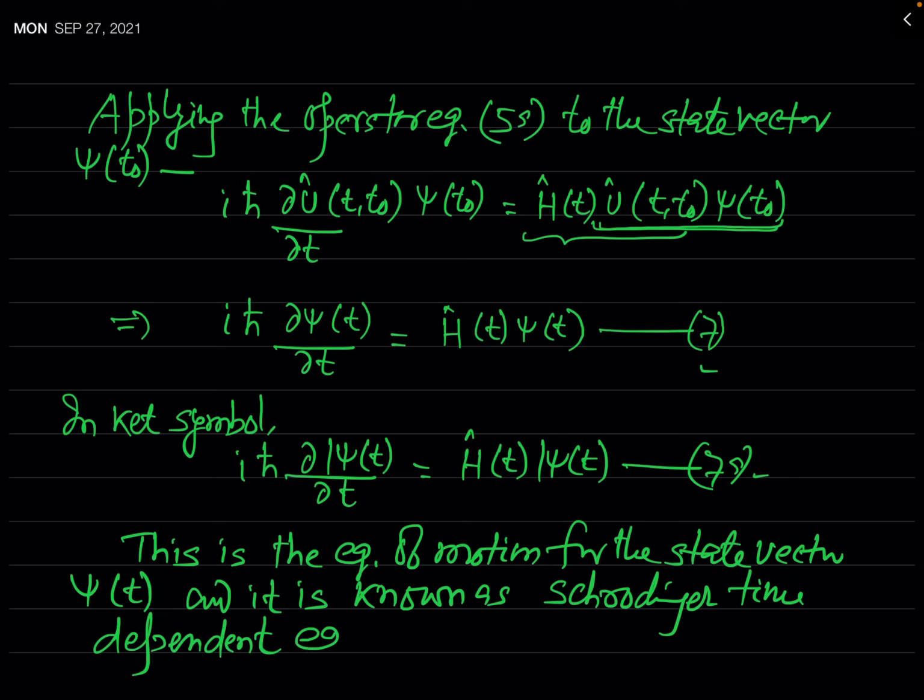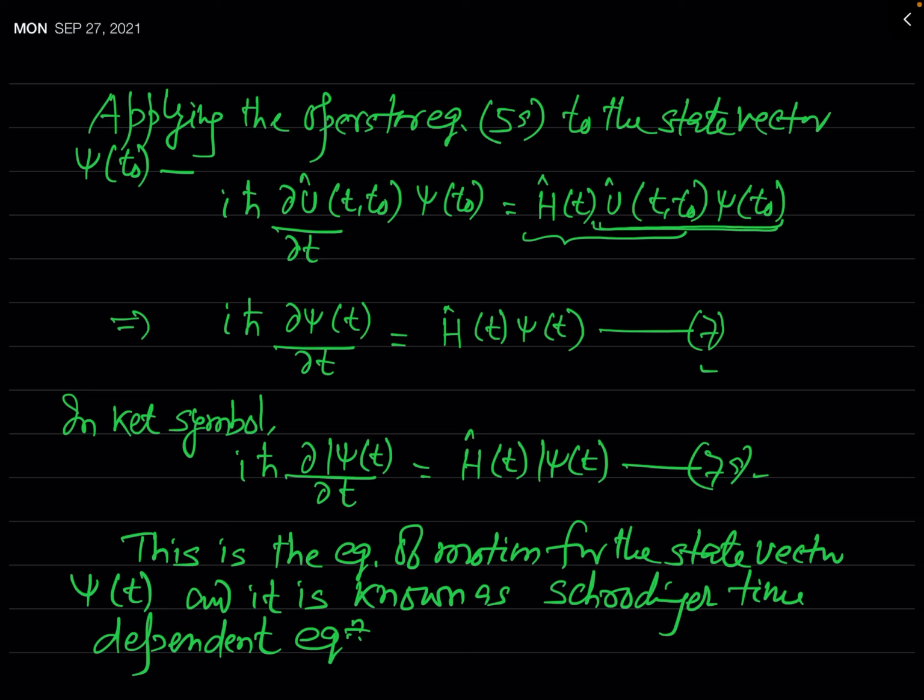So you can say that in the Schrodinger picture, the equation of motion is simply the Schrodinger time-dependent equation. And here you can see there is a time derivative of psi, and as I have told you earlier, in the Schrodinger picture, psi is a function of time, not the operator. So this is the equation of motion.